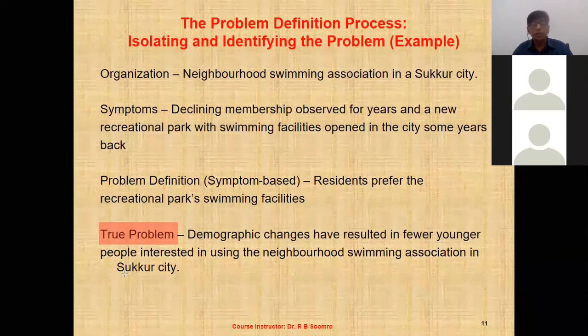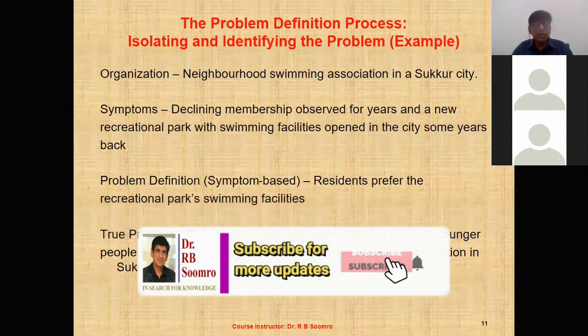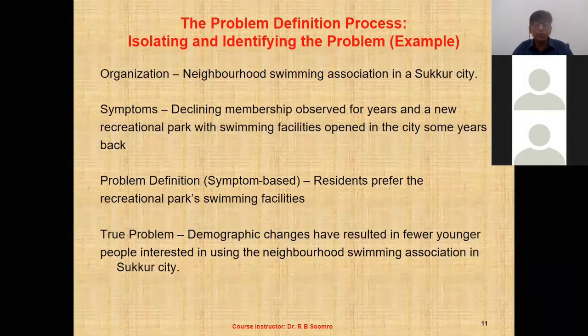So based on the symptom, we thought it was the recreational park facilities, but actually the problem is demographic changes. This was an example of how to differentiate your problem from the symptoms.